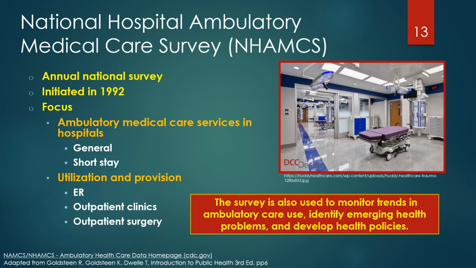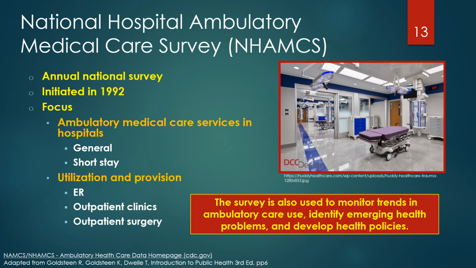National Hospital Ambulatory Medical Care Survey, NHAMCS. These surveys are conducted annually since 1992 to collect data on the utilization and provision of ambulatory care services in non-institutional general and short-stay hospital emergency rooms, outpatient clinics, and outpatient surgery departments.